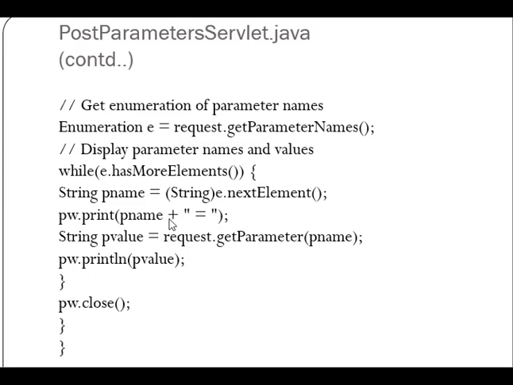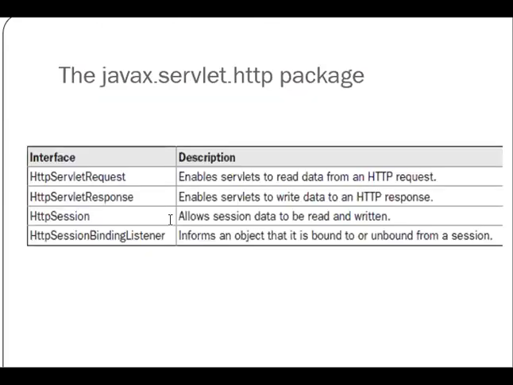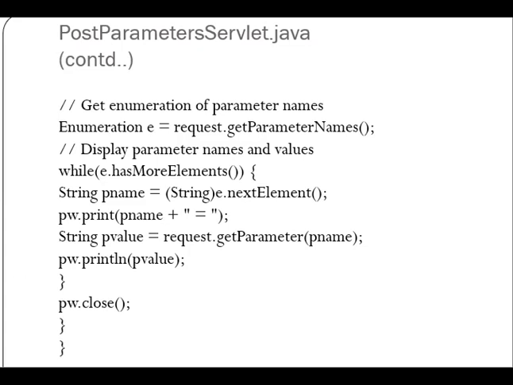In our response, what are we printing? We are just printing the employee is equal to and the phone number is equal to. So our output will be E equal to value, P equal to value. That is our output.